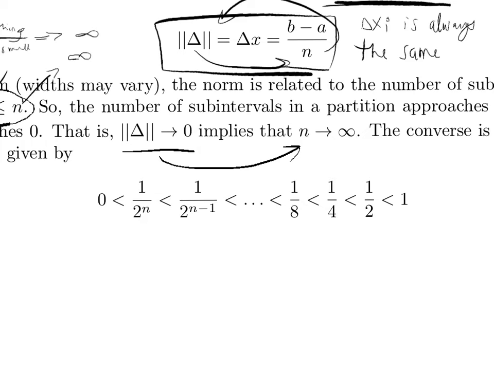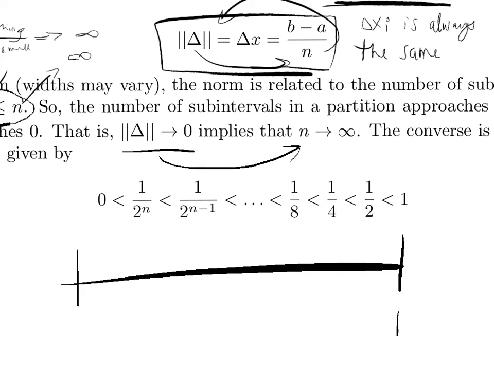In this case, you're going from 0 to 1, and your first partition is a half, and then your next partition is half of that, and next is half of that, and half of that, and half of that. You could go on infinitely smaller there, but the norm is still this guy, 1/2.